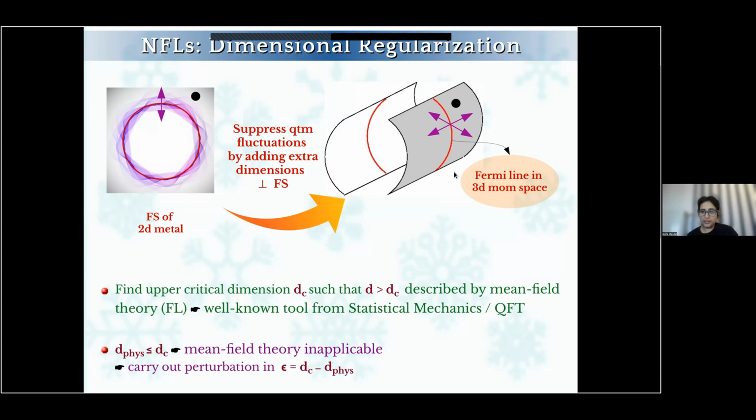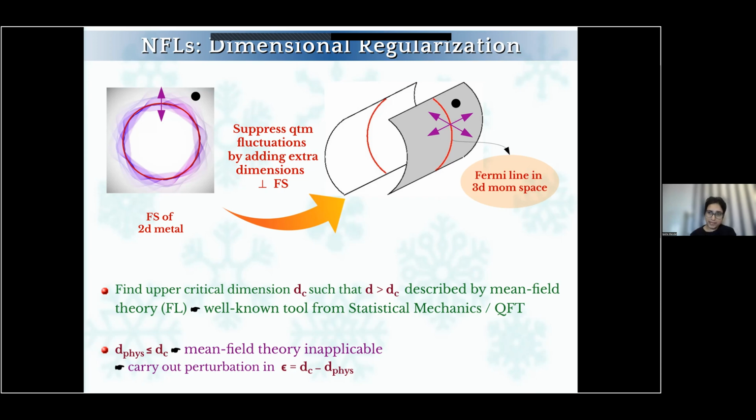Due to this 3D momentum space embedding, it can now fluctuate in two mutually perpendicular directions. So now the probability of this black dot getting hit by the fluctuation is lower than it was in the 2D case. Basically, this is due to the reduction of the density of states as we increase the dimension of the system. Now, this is a well-known concept from statistical mechanics and quantum field theory.